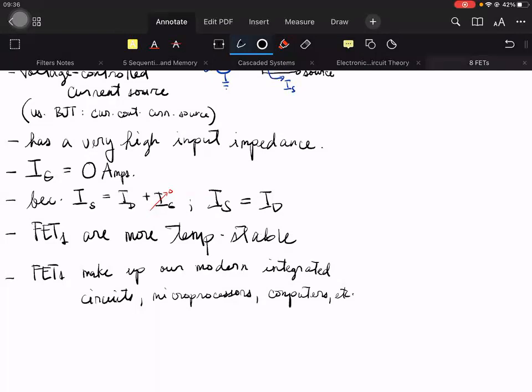Because FETs are more temperature stable and they could be made very little, unlike the BJT, which has a limit to how small we could construct it. FETs could be made much smaller. Up until now, they're still making smaller and smaller transistors.